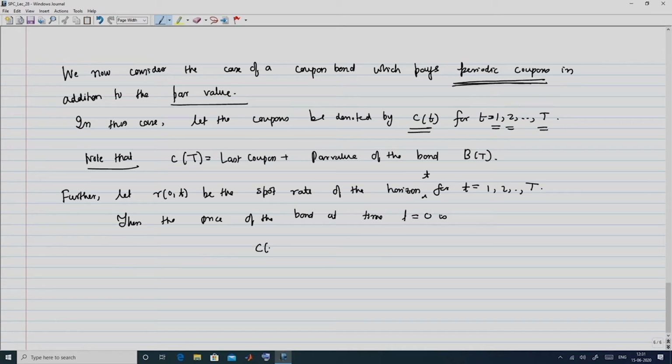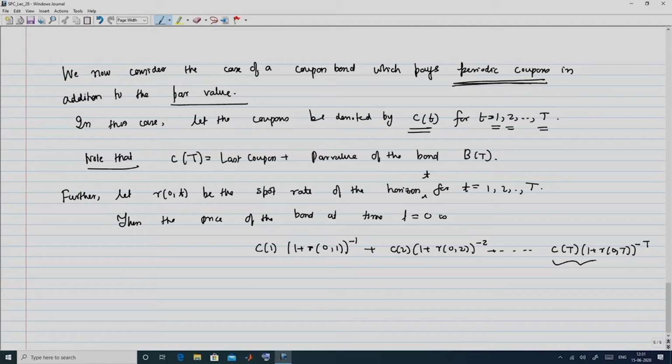It is going to be C(1) into (1 + r(0, 1)) raised to minus 1, plus C(2) into (1 + r(0, 2)) raised to minus 2, all the way to the final coupon C(T) into (1 + r(0, T)) raised to minus T, discounted back to time 0.